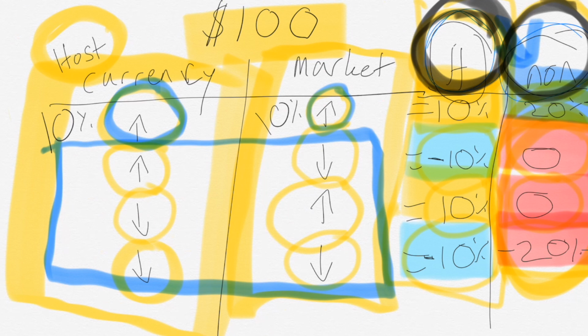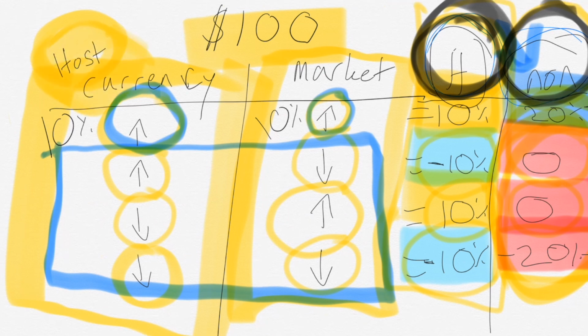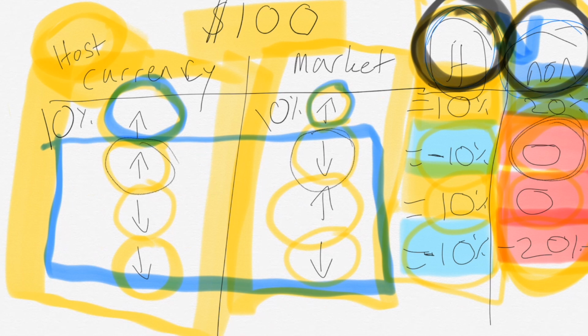Because if the host country's currency goes up while the market goes down, then you ultimately get zero, roughly. And then if the currency goes down by 10%, but the market goes up by 10%, then in theory, it's roughly zero once again for you if you're in a non-hedged. Meanwhile, with a hedged, you would have been down roughly 10%, or you would have been up roughly 10%.